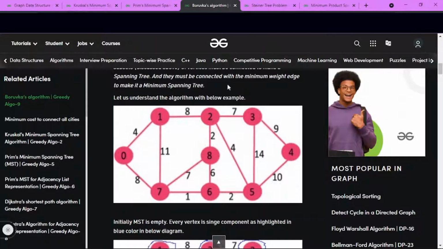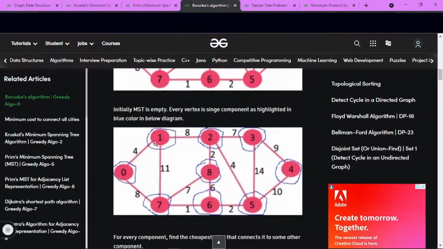Now coming to Boruvka's algorithm. In this, we have each vertex as its own component, and then we connect the nearest two vertices with the edge that has the minimum weight. First we have one component for each vertex.